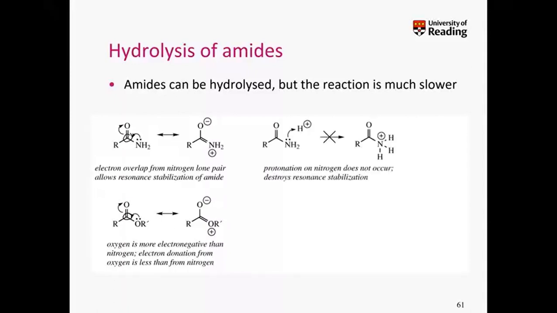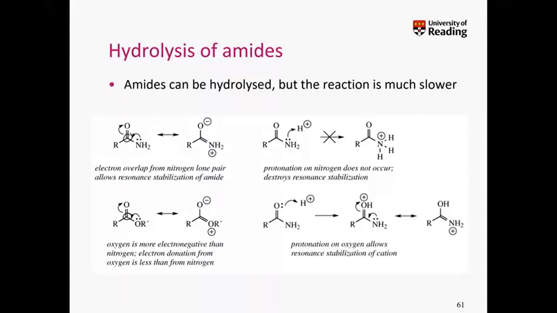The other thing just worth noting is that if you have acid present, then you do run the risk of protonating the nitrogen. And so if you protonate the nitrogen first, you can't do that resonance stabilization.